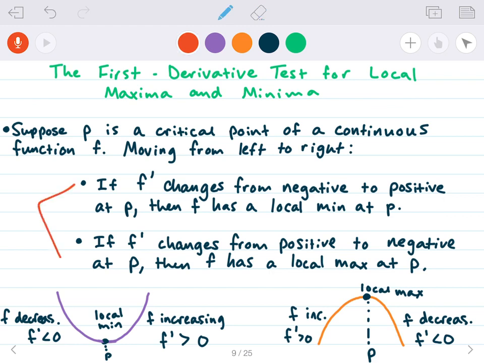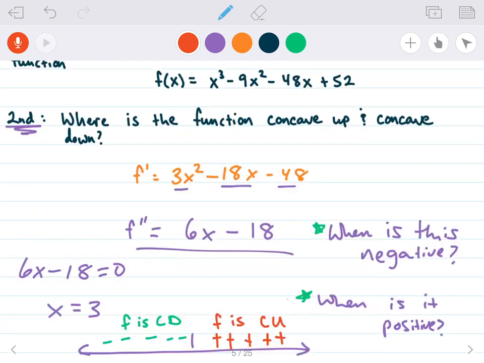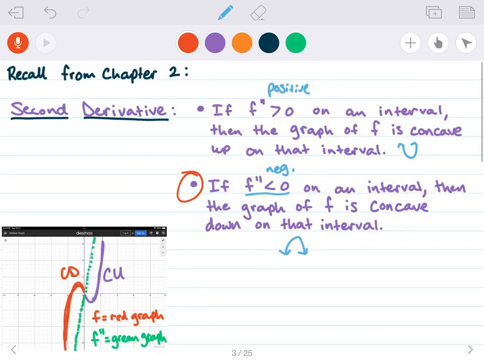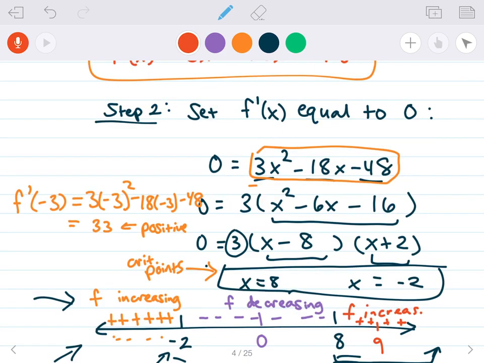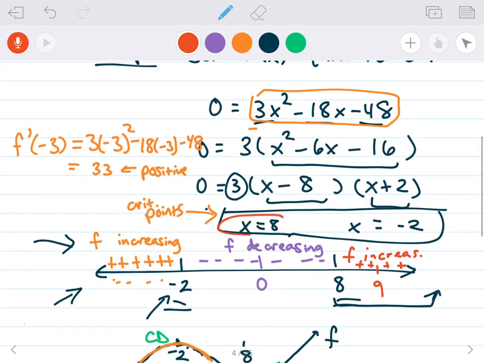We had our number line, right? Let's just go back to it. I just want to make sure that this point is clear. Okay, so we found these critical points, and we want to know, do we have a local max or a local min there?